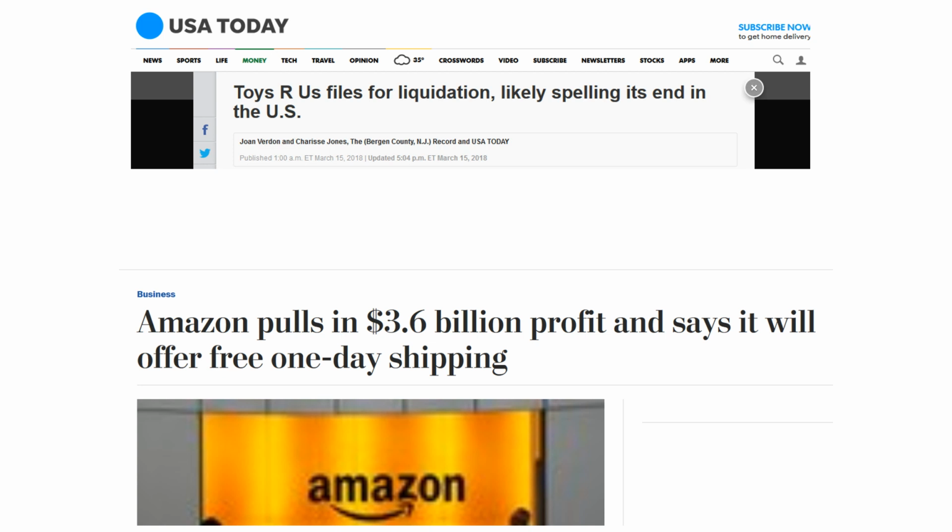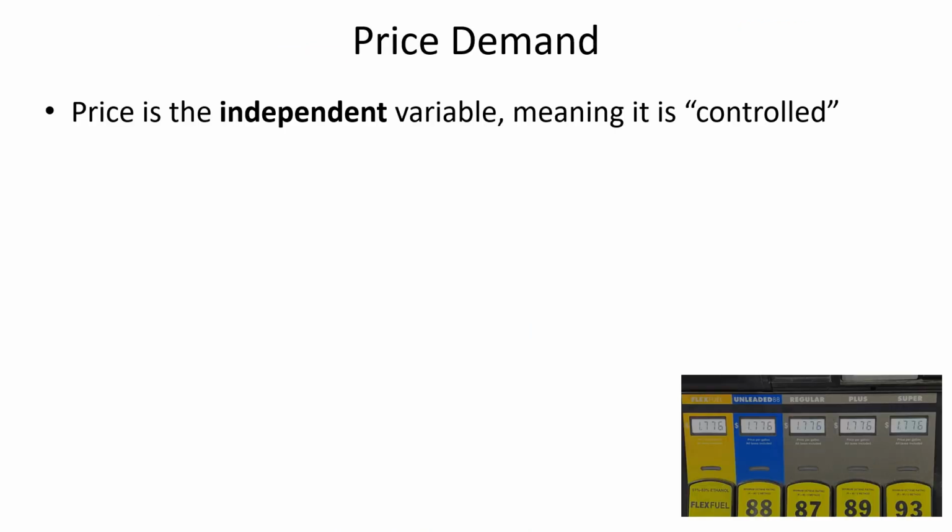So Amazon had a little bit of a competitive advantage over all their brick and mortar competition for a lot of years. So let's go over some definitions here. Price is an independent variable, meaning that it can be controlled by a manufacturer, the selling price.